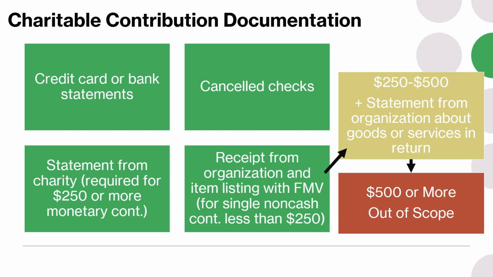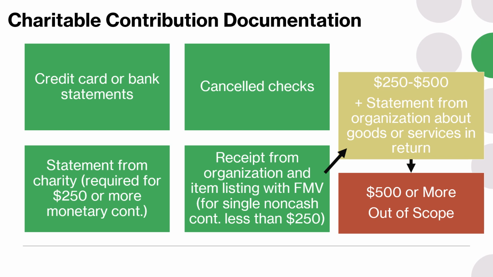So taxpayers don't have to bring in their proof that they've made these expenses or given these charitable contributions. But we do need to make sure that they are aware, because if the IRS ever came back and asked, they would want to see this documentation.